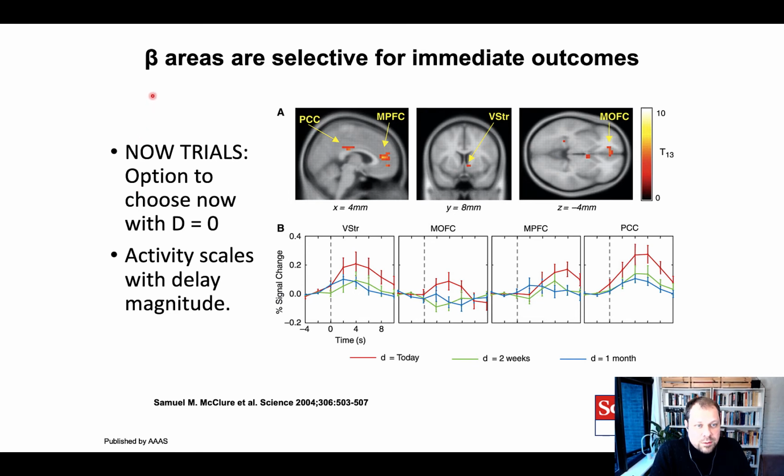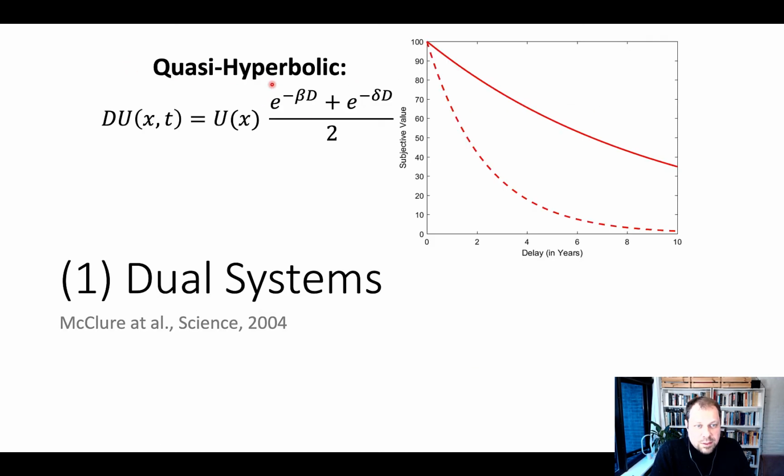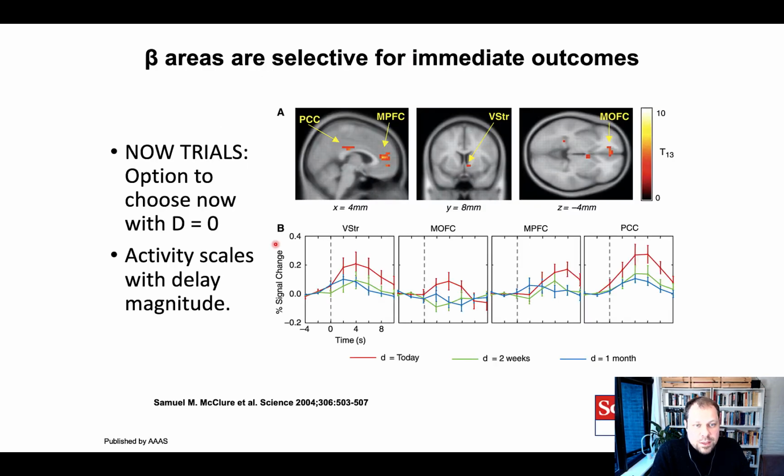Now, what they found is that there are indeed regions that are selective for immediate outcomes, and they called these beta areas based on this beta value here that determines the steepness of the immediate slope. These regions are in medial prefrontal cortex, posterior cingulate cortex, and ventral striatum. Now, we've encountered these regions before as parts of the evaluation system. So these are regions within the brain's reward system, if you will.